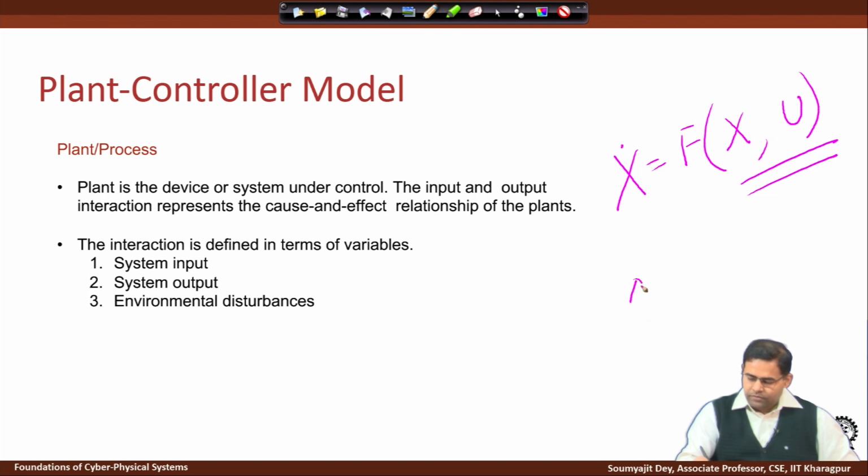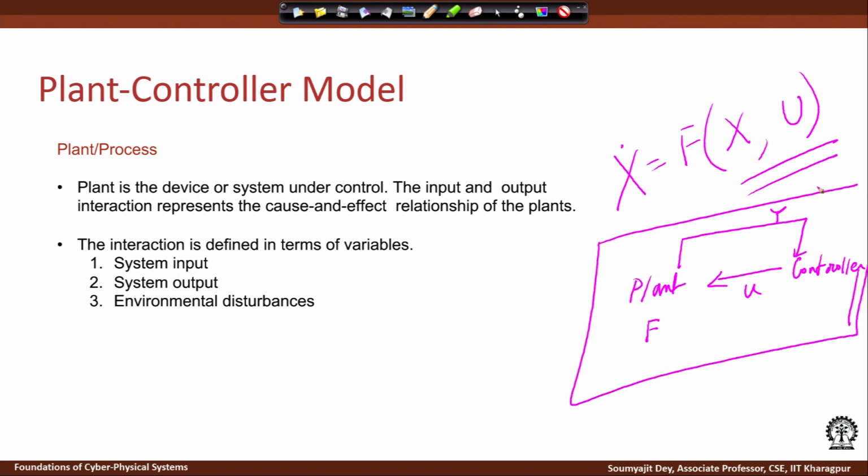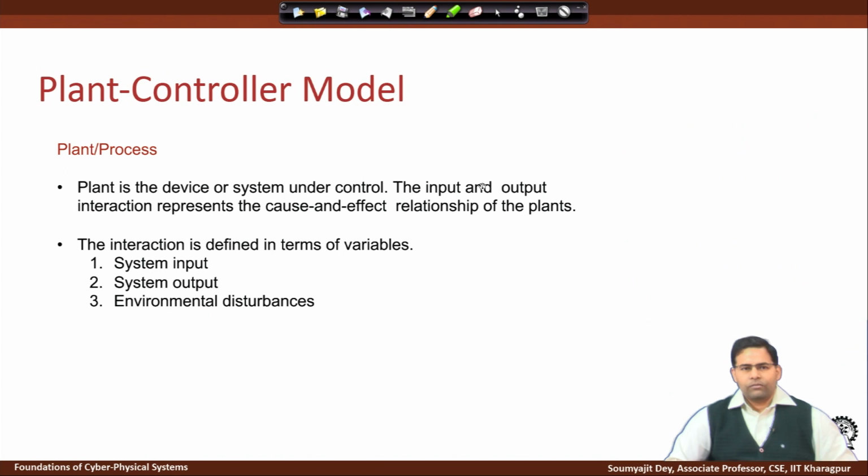So, you see you have a plant which is following this function f, and you have a controller which is generating this u based on this feedback measurement y, right. So, this plant is not autonomous, but if I look at the plant and the controller in combination, and that is your world view, it is an autonomous system here.